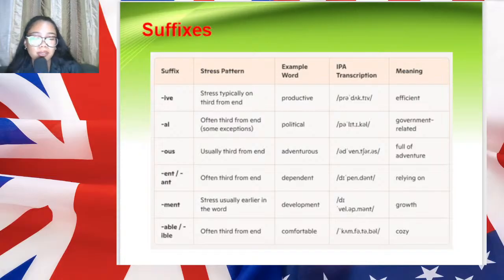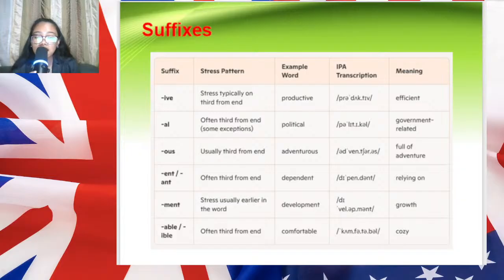You'll hear the same pattern in attractive, where the stressed syllable is tract, or creative, where the stressed syllable is a. So this pattern helps give the word its flow and strength, and encourages students to feel where the energy lands, always before the -ive.